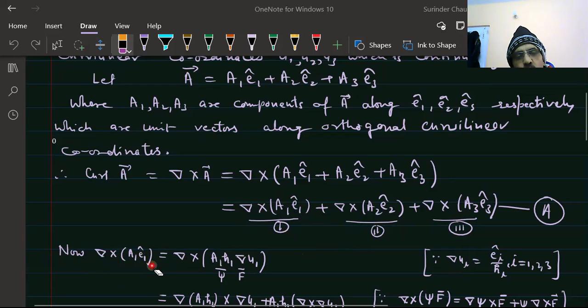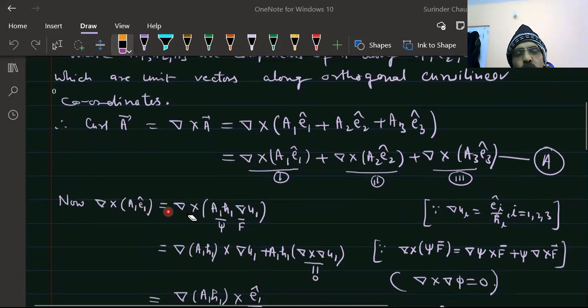Now it is del, so it can't operate upon e. So we have to convert this unit tangential vector, tangent to the curve u1, into a normal vector to the surface as well. With the help of the relation del of ui is equal to ei upon hi, we substitute the value here. So e1 is equal to h1 del of u1.